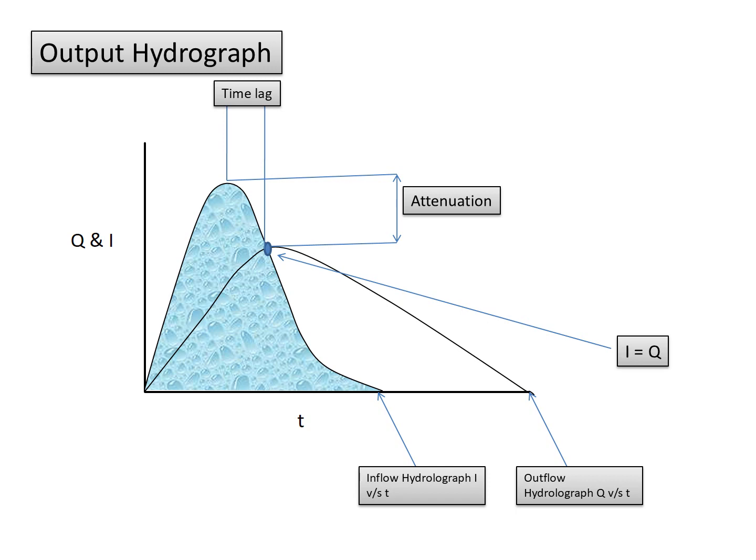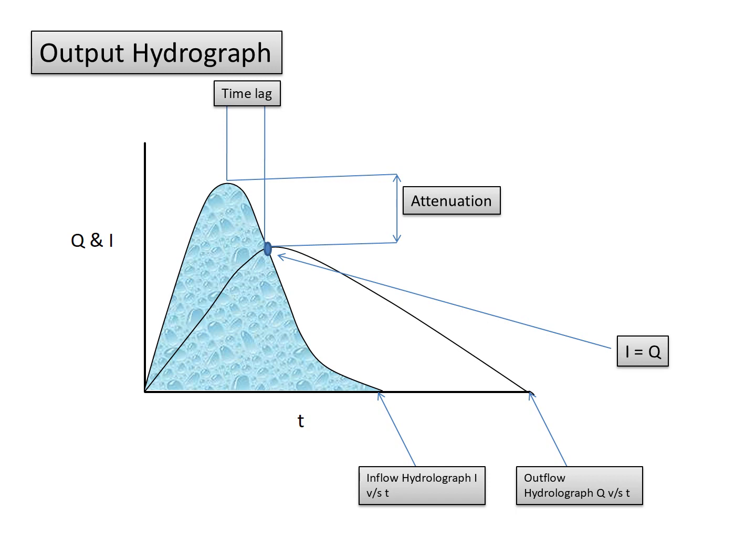And if we draw both graphs, the flood hydrograph at the upstream side and the flood hydrograph at the downstream side, on the same graph, it is clearly seen in the picture that there is some decrease in the peak of the downstream hydrograph as compared to the upstream hydrograph, and this is known as the attenuation of the peak.